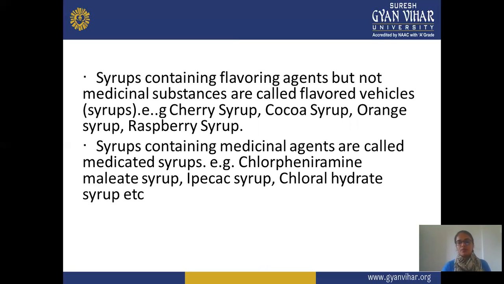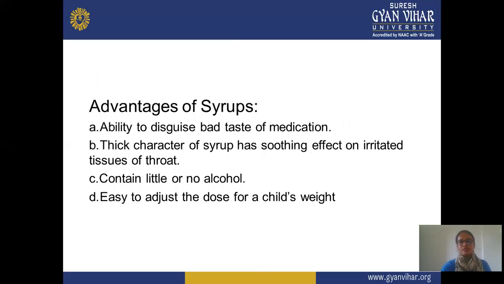Examples of medicated syrup are chlorpheniramine maleate syrup, ipecac syrup, and chloral hydrate syrup. Next are the advantages of syrups. The first is the ability to mask the bad taste of medication. Suppose the tablet has a very bad taste and patients don't take it. In this condition, when prepared in syrup form, the taste may be overcome by adding certain flavoring or sweetening agents.